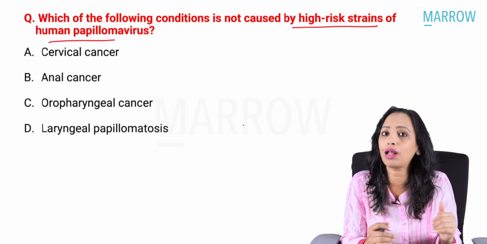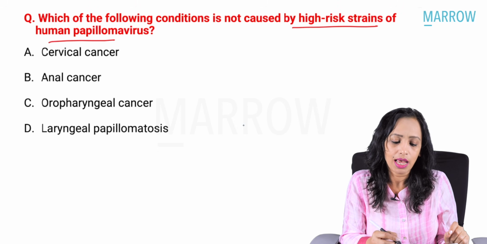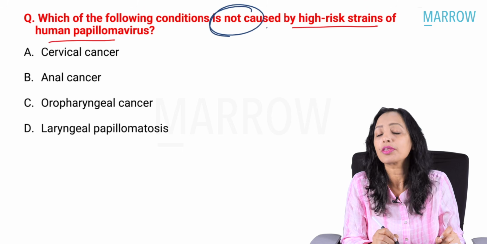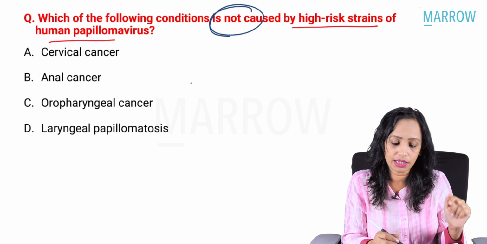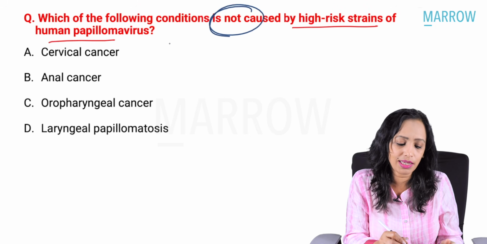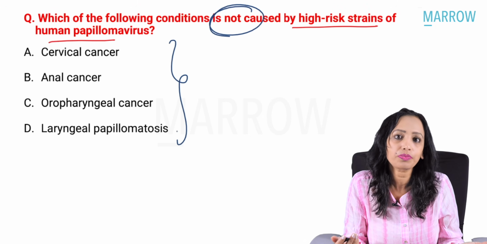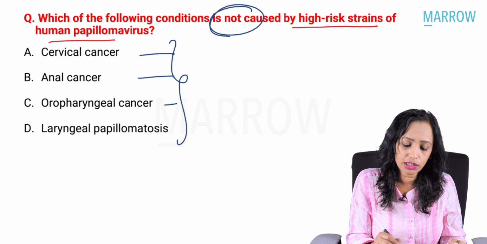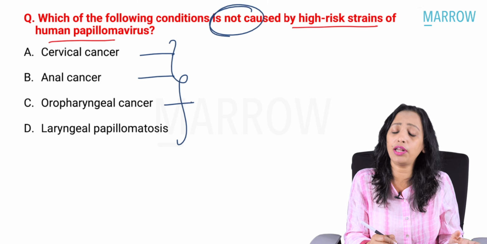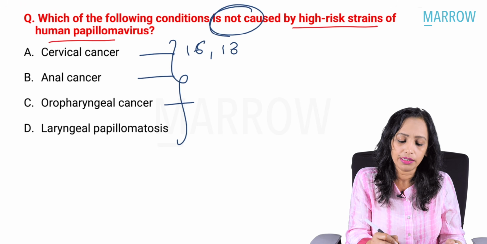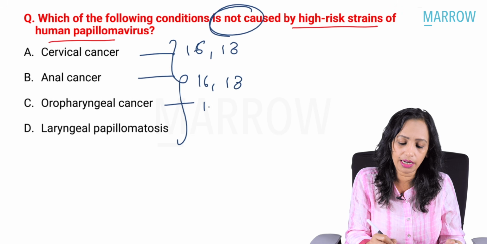But see, now they have not asked like that. What is asked is which of the following is not caused by high risk strain. So you are supposed to know two things. First, which are the high risk and which are not the high risk. And second, these conditions are caused by which. Yes, so we know that cervical cancer, anal cancer, vulvar cancer, very commonly they are caused by HPV 16 and 18. 16 and 18, 16 and 18.